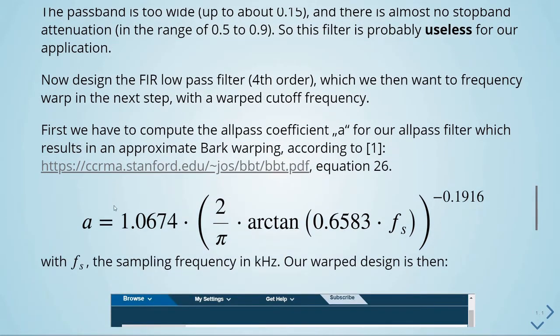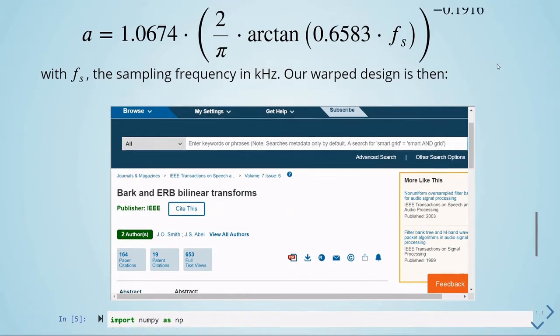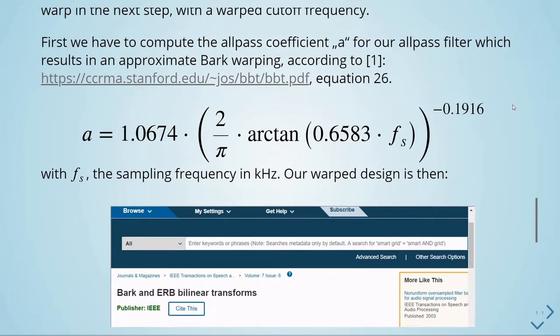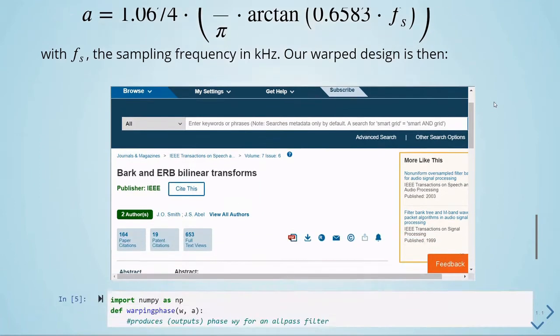This equation here comes from this paper, Bark and ERB bilinear transform. It's equation number 26. You can download this paper from this link here. And here Fs is the sampling frequency in kilohertz. And then we need to use this for our warp design.